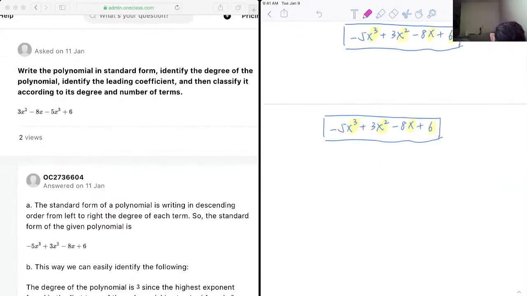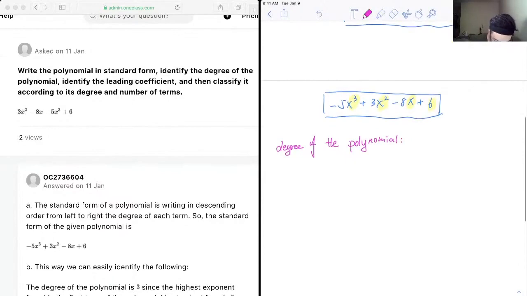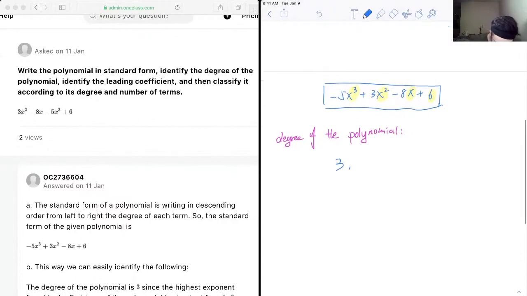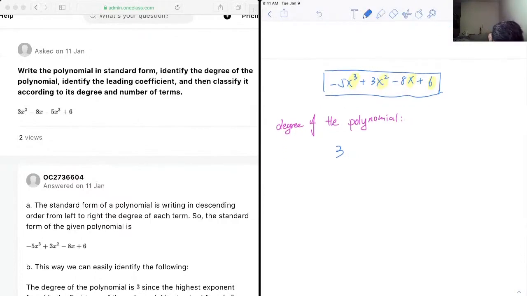So, the degree of the polynomial in this case should be 3, since the highest exponent found in the first term of the polynomial in standard form is 3. And let's write the reason here.